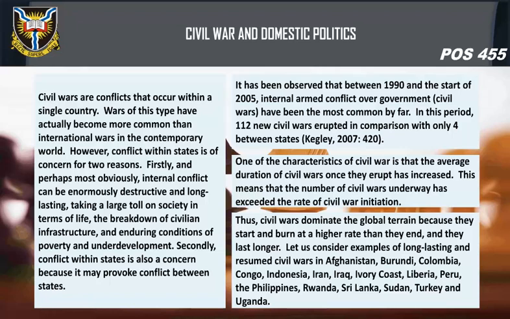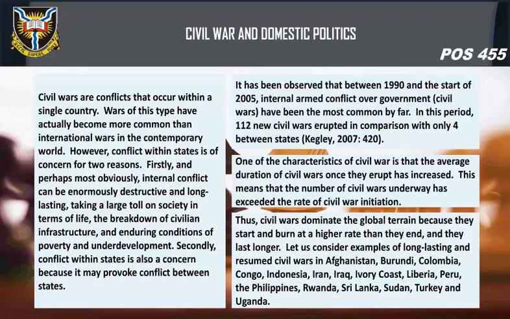One of the characteristics of civil war is that the average duration of civil wars once they erupt has increased. This means that the number of civil wars underway has exceeded the rate of civil war initiation. Thus, civil wars dominate the global terrain because they start at a higher rate than they end, and they last longer.